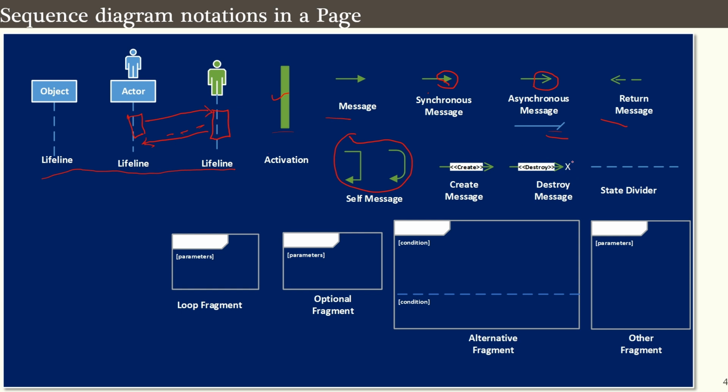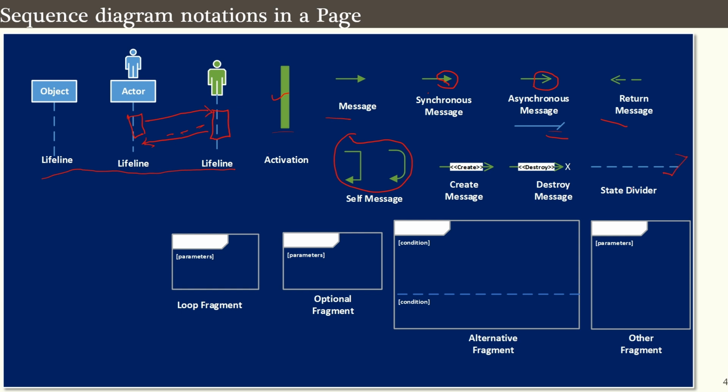And you can have a state divider between sequence of events that is denoted by dashed arrows. You need not have an arrow like a synchronous message or asynchronous message or return message. If your sequence diagram is complex, you can divide it into multiple subsections.